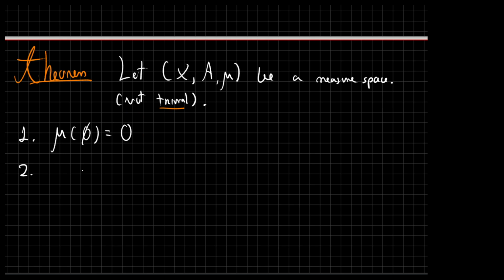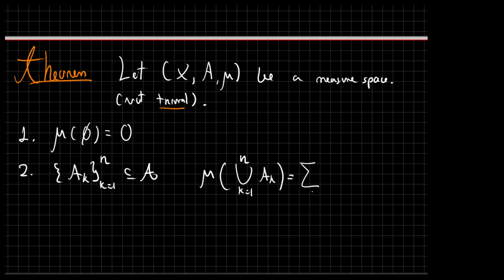So this is the first property, and let's say that we have a finite countable family in the sigma algebra. Then it holds that this finite union will be equal to this finite sum.